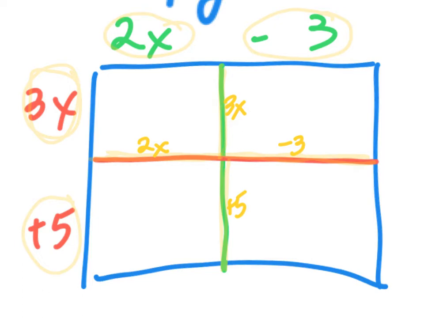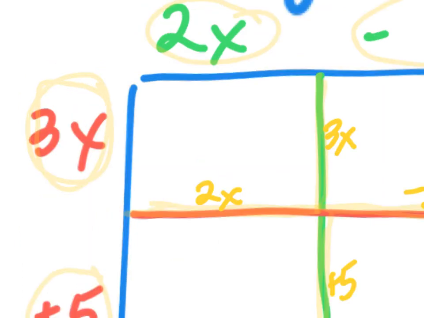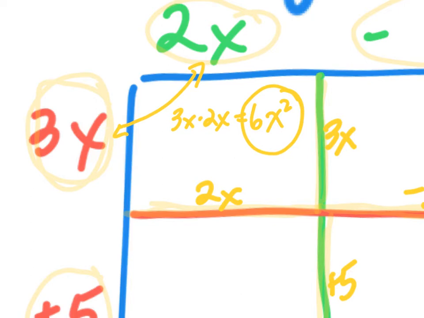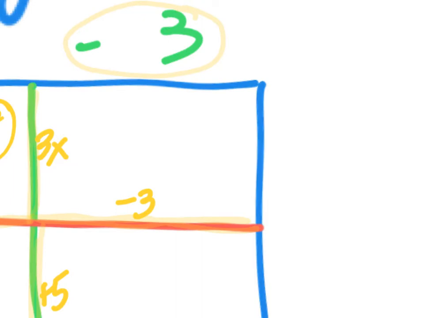Okay. Let's try multiplying some of these boxes together, right? So for my first box, I'm going to be multiplying my length and my width together, which is 3x times 2x. So my resulting product is 3x times 2x: 3 times 2 is 6, x times x is x squared, right? And so this is the product of my first box. Let's try my second box, right?